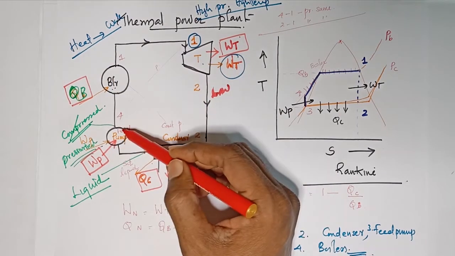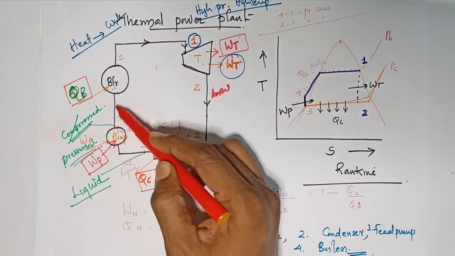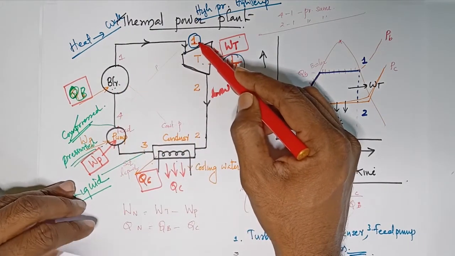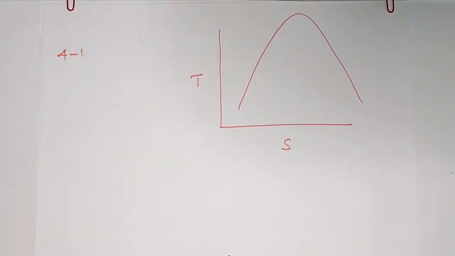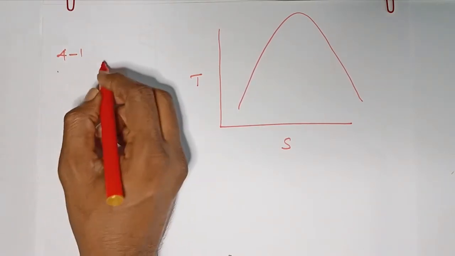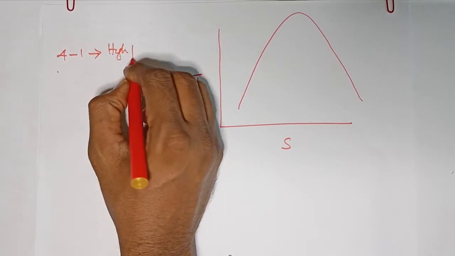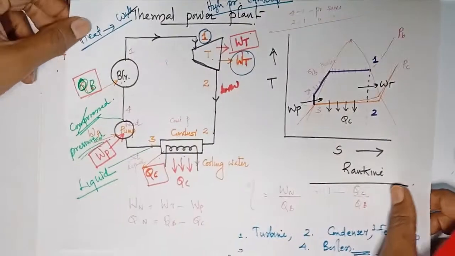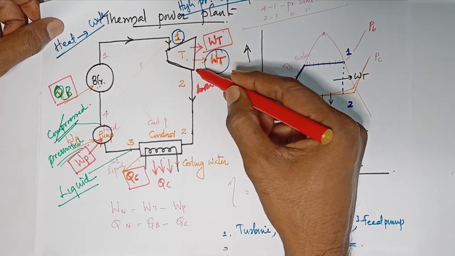So from here, 4, after the feed pump, boiler, and up to the inlet of the turbine. 4 to 1. That is the feed pump and boiler. 4 to 1 is high pressure. After high pressure, the steam is expanded through the turbine, then its pressure is lowered.